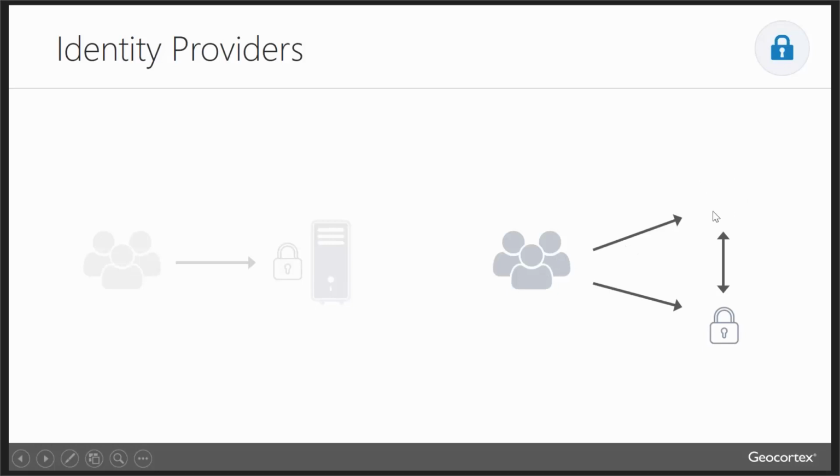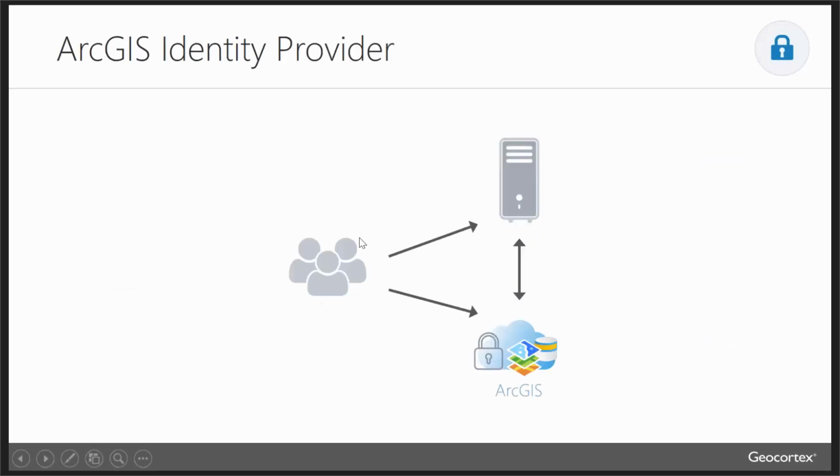Your users are connecting to the server, but the server isn't responsible for security. It's just sending you over to the actual security interface. And so the user goes and authenticates with that external service, and then the server and the identity provider can communicate and establish trust. There it is. It's on a delay.